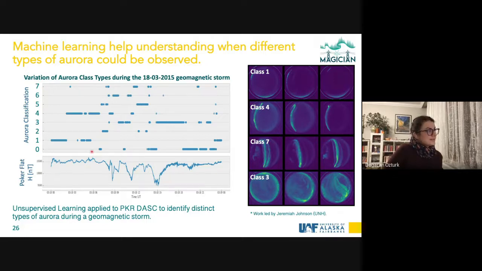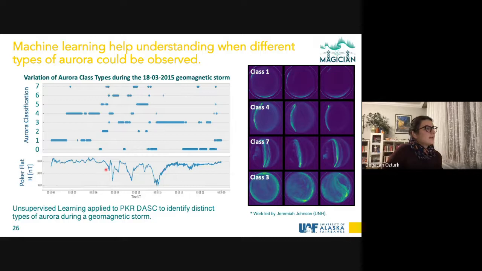These classes overlap with different intervals of magnetic field variation. For example, when we do not see much variability, like here, we can see the class 1 type of aurora, which probably corresponds to almost clear sky conditions, similar to the previous data set.